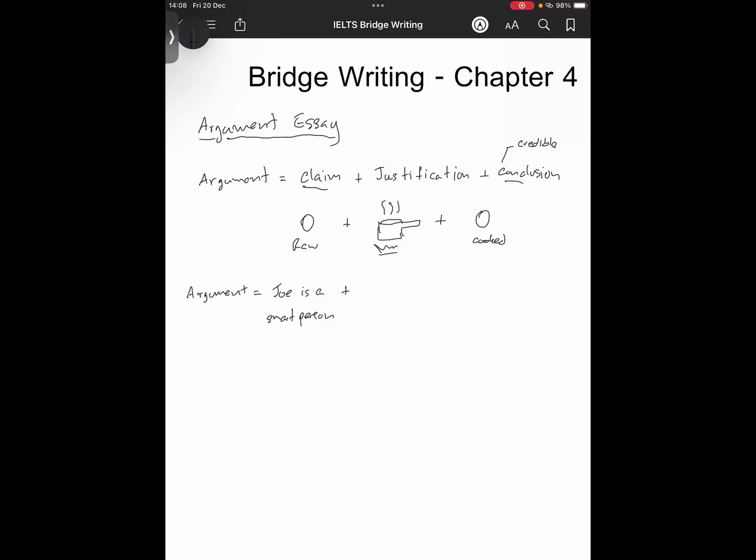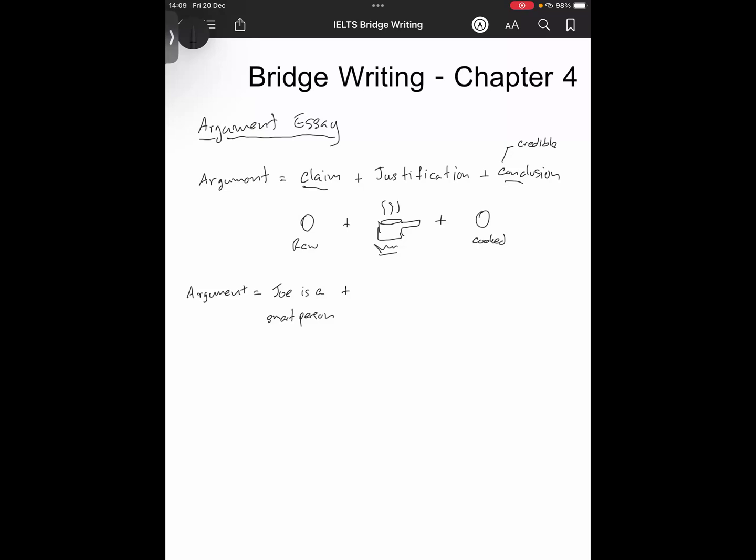So if I want to convince people around the world, maybe strangers, to accept that Joe was a smart person, I need to refer to some well-established theory or principle. Okay, since my claim is about intelligence, then I need to refer to some principles that are related to intelligence, like IQ, for example.